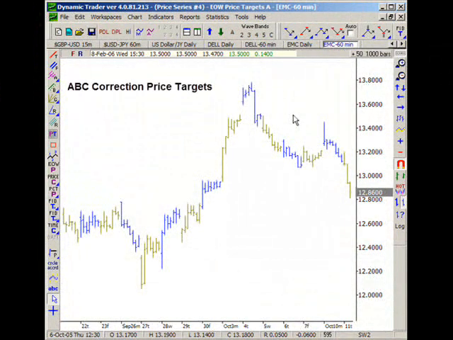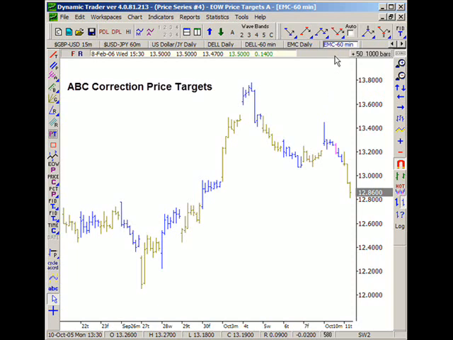There are three different sets of price projections that we make to help identify the end of an ABC correction. So rather than showing those to you in advance out of context of a chart, let's just take a market and see how we would do the price projections to identify the end of wave C of an ABC correction.